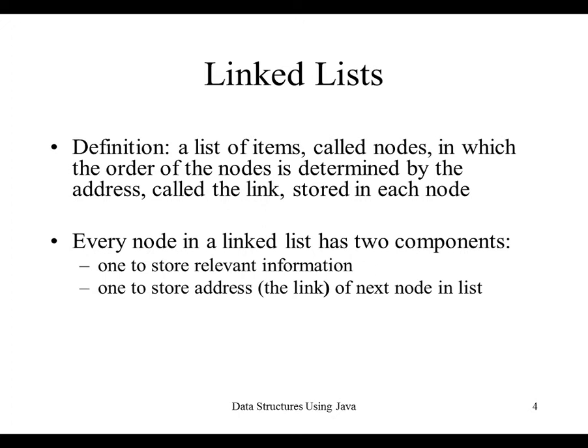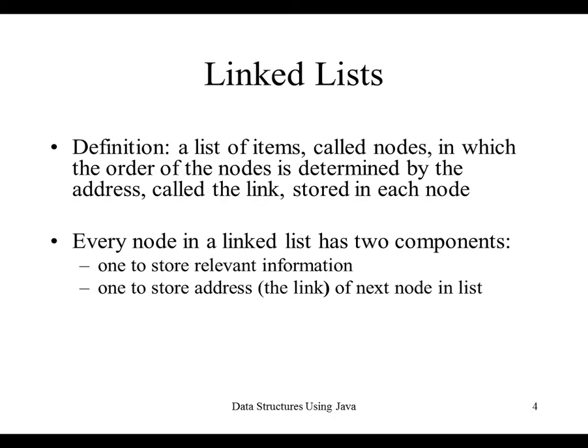Recall that when data is stored in an array, memory for the components of the array is contiguous. That is, blocks are allocated one after the other. On the other hand, as you will see, the dynamically allocated components of a linked list are not necessarily contiguous.